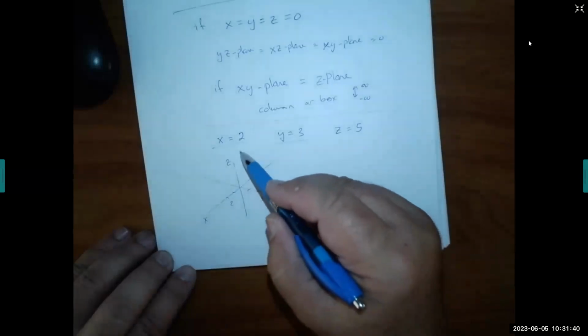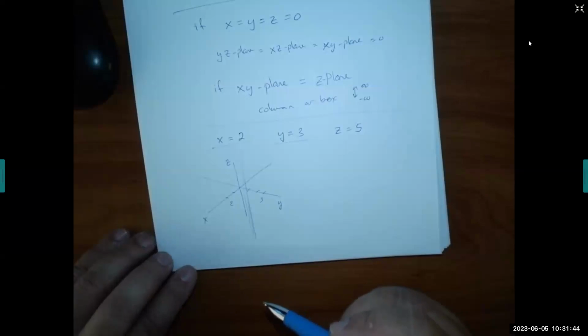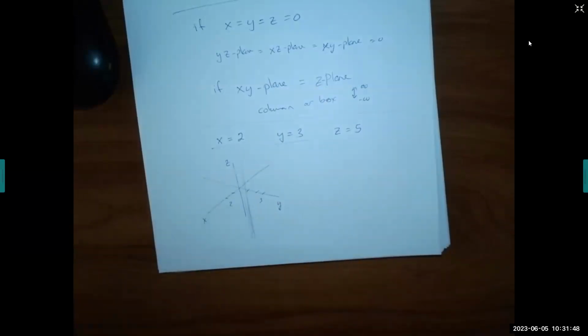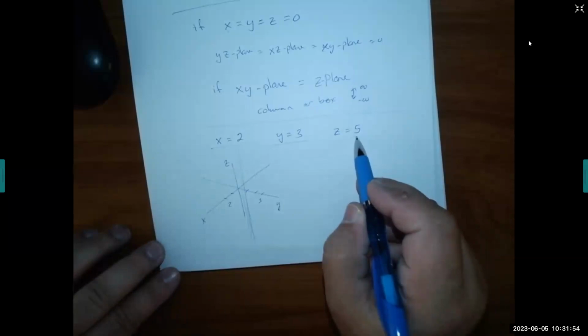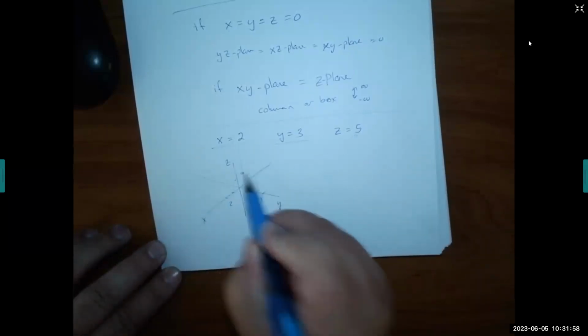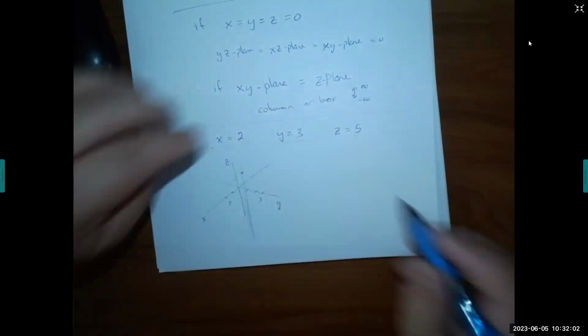So they would intersect here. It'd be a line. Whenever two separate planes intersect, you have a line. When we have a third sheet, it now intersects at a unique point in 3-dimensional space.